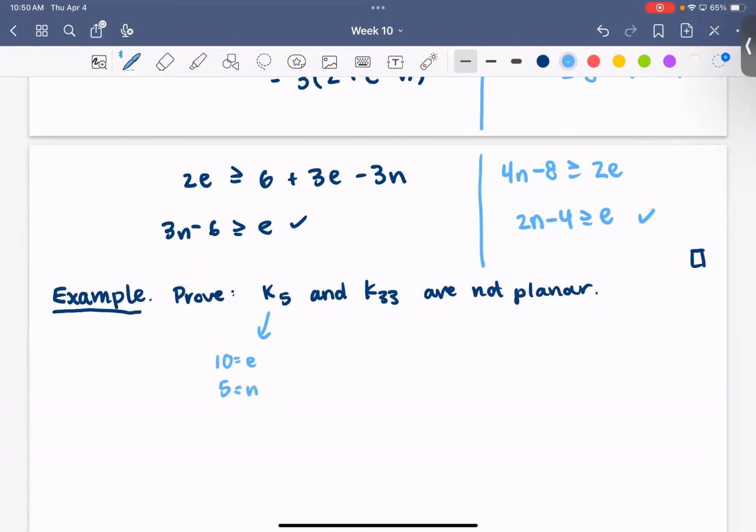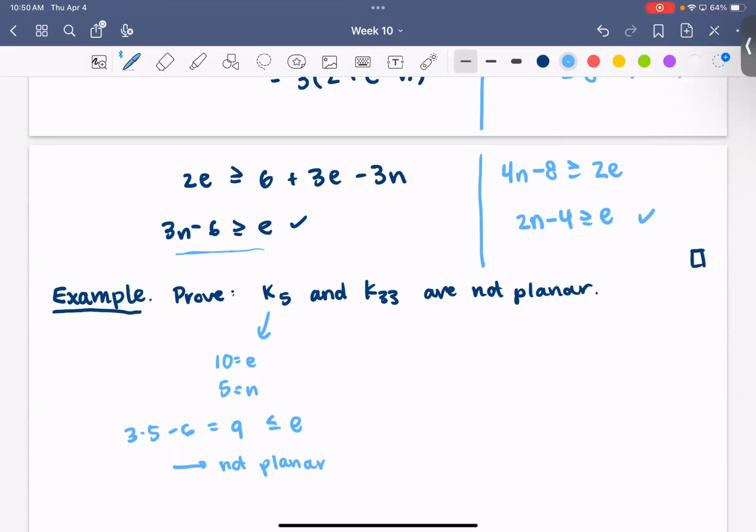So then 3 times 5 minus 6 is 9, which is less than or equal to the number of edges. So that means that this can't be planar, because it violates this inequality.